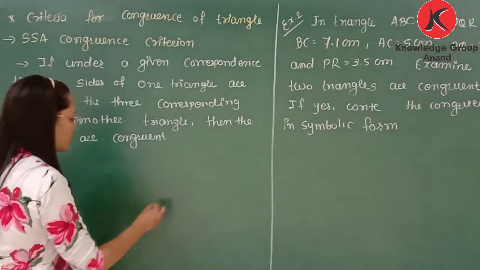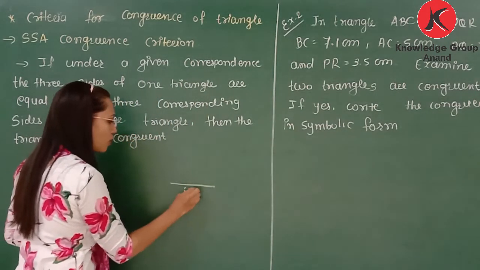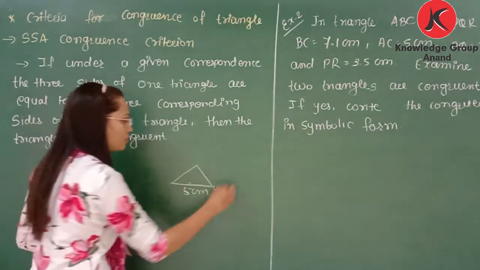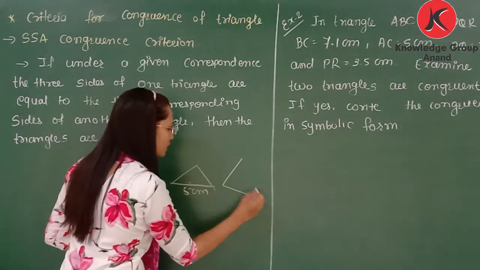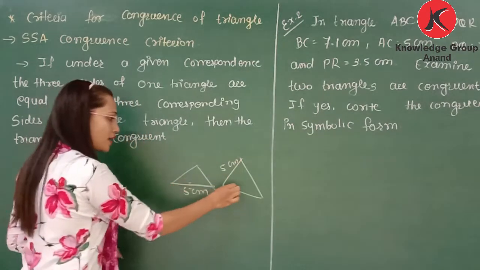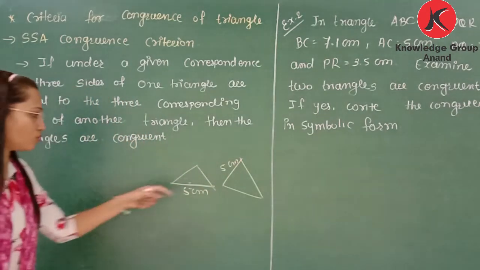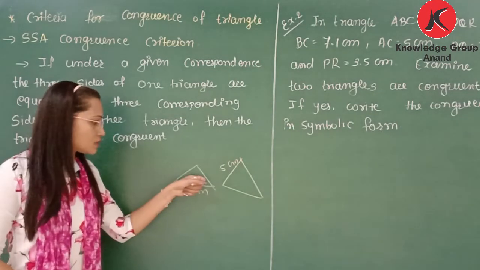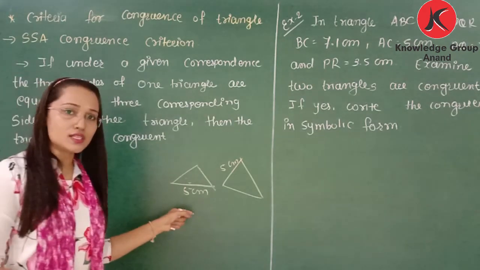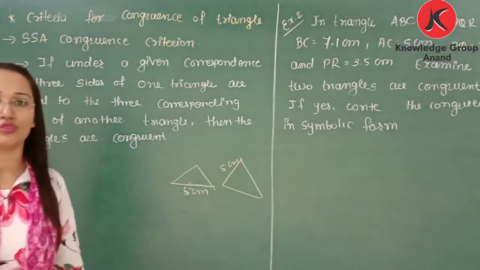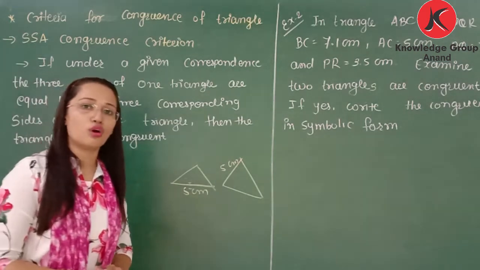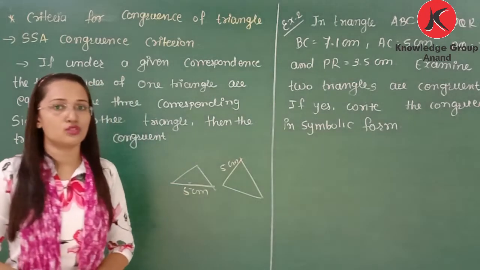If I draw one triangle like this with this side 5 cm, and another triangle in which this side is 5 cm, are these two triangles congruent? No, because only one side is the same. These two sides might not be the same. So if only one side is given, it is not possible to draw an equal triangle.